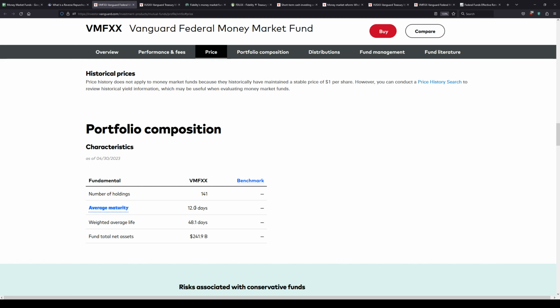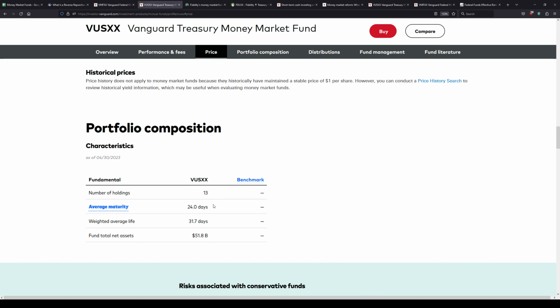In other words, you have a fair amount of securities that are maturing relatively quickly in under 12 days, but you also have some longer duration securities, which brings out that weighted average life to much higher than the average maturity. Comparing this to the Treasury Money Market Fund, where the weighted average life and average maturity are much closer together, effectively implies that within the portfolio, most of the maturity dates are much more clustered and closer together.